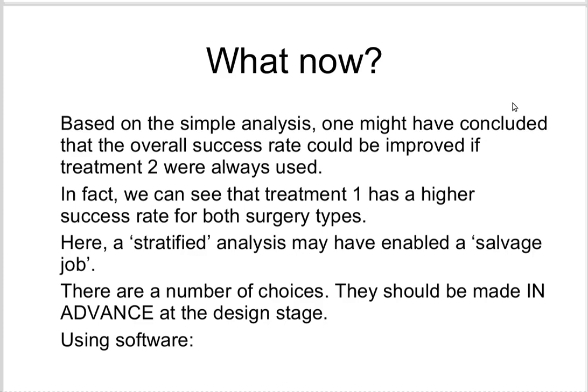We see that surgery type clarifies for us that in fact it is pretreatment 1 that has the higher success rate. There's a lot of language here, and we'll be investing quite a bit of time in all of them. Here, the stratified analysis, the one with 2-by-2 tables, has enabled what is sometimes called a salvage job. Many authors have used this term. It's hardly original.